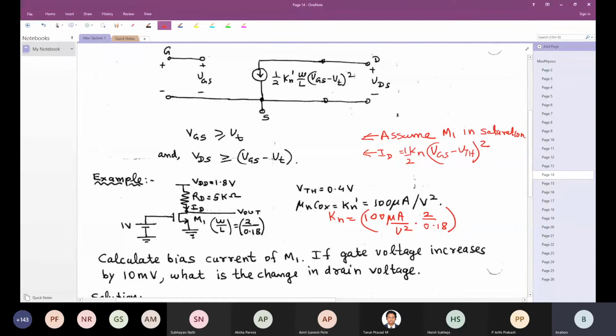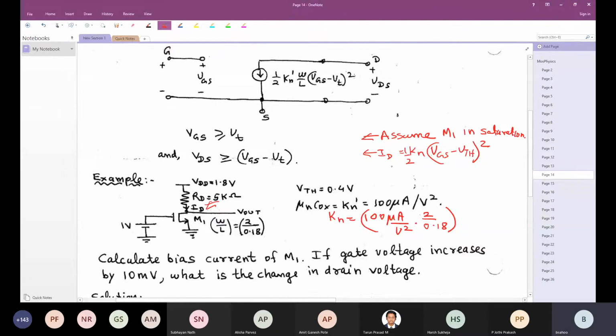So I can then solve for ID. Once I have solved for ID, I can find this drain voltage. And once I find the drain voltage, I'll see if the transistor is in saturation or in triode. If it turns out that the transistor is not in saturation, then what do we do?